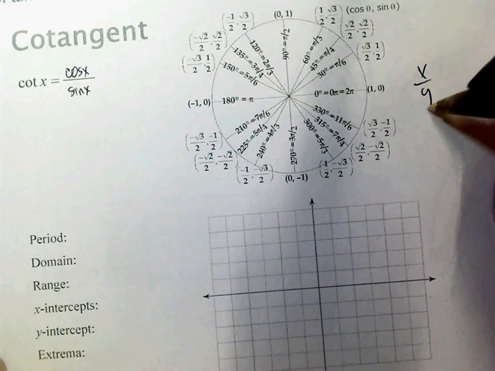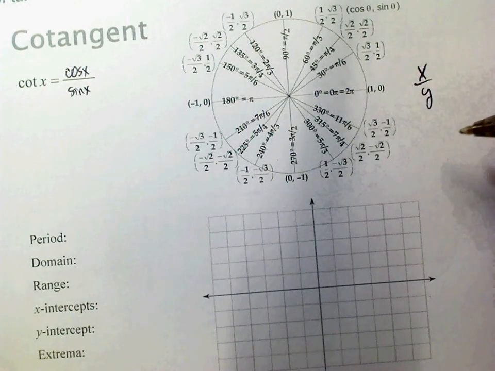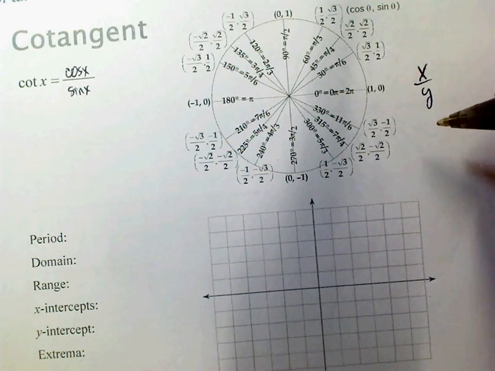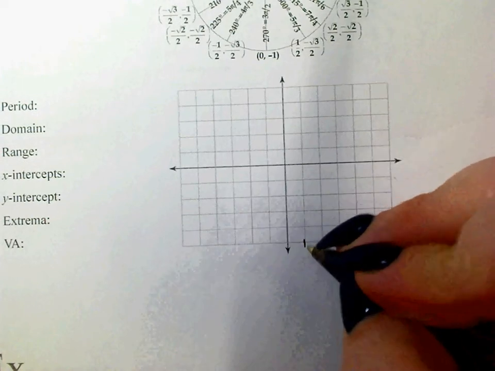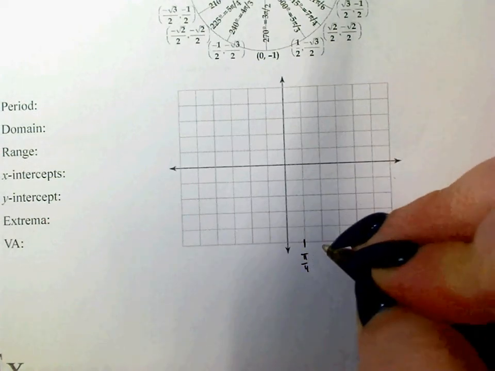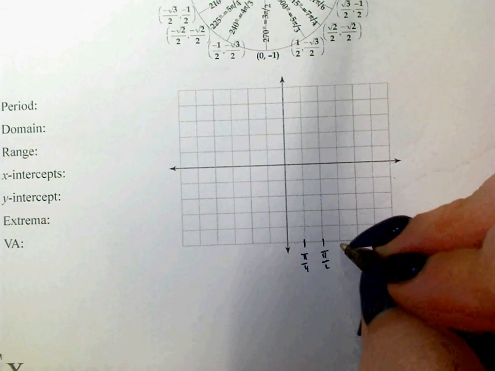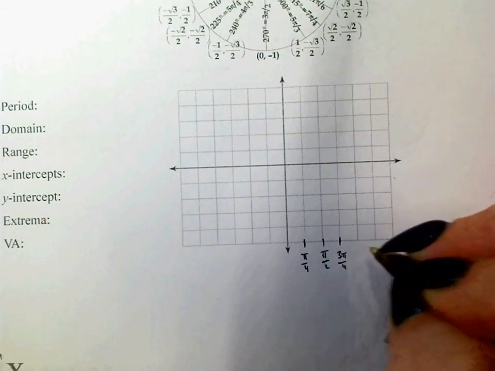Alright guys, I'm going to still label this as pi over 4, pi over 2, 3 pi over 4, pi, 5 pi over 4, and 3 pi over 2. I want you to do the same.